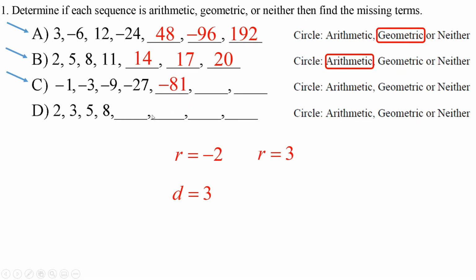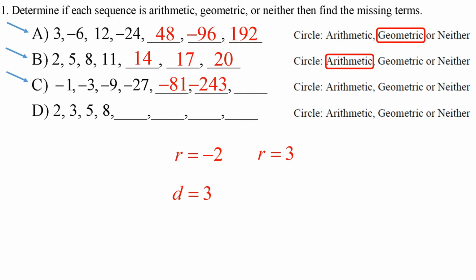Now, I'm not going to take a chance, so I'm going to get out my calculator. I hope you do the same right here. All right, so I'm going to go -81 times 3. I hope you can find the negative button on your calculator. And I get -243.